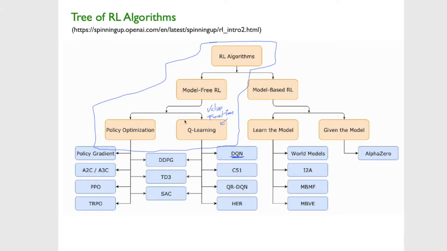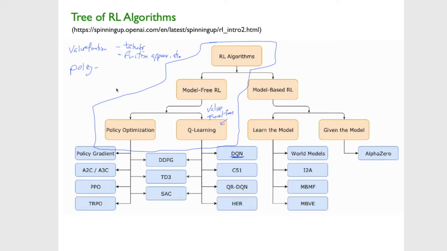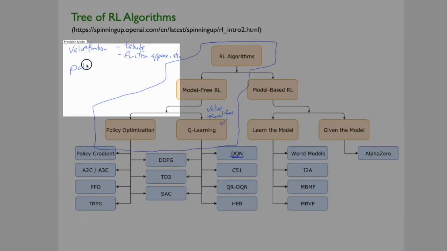Or doing direct policy search, right? And so you can do these with your value function being tabular, or being some kind of function approximation, or you can do the policy as some kind of function on the V or Q, right?